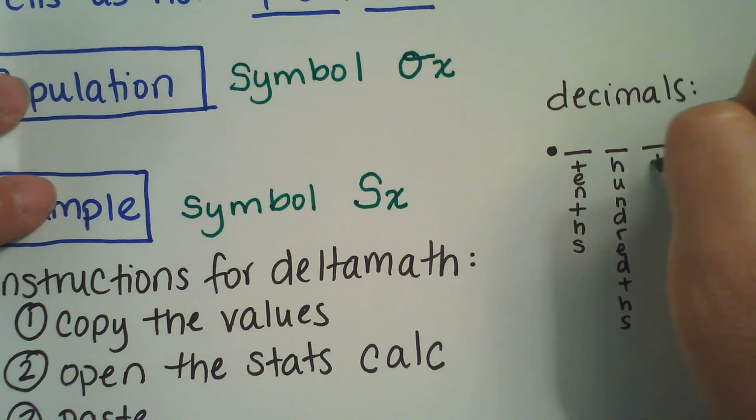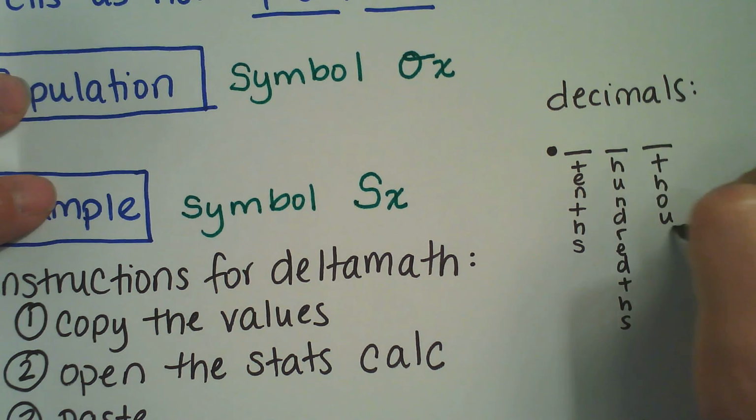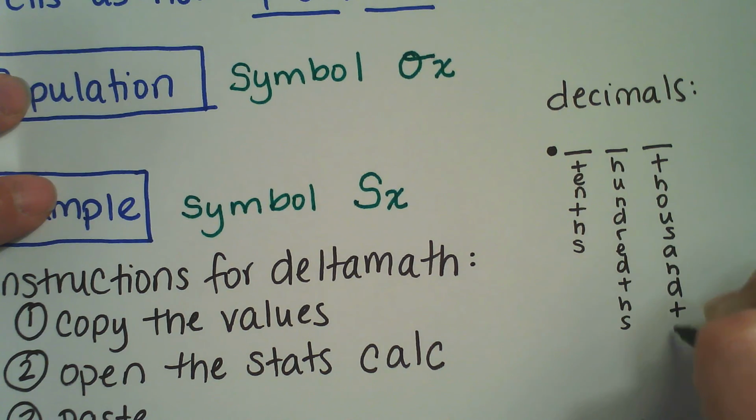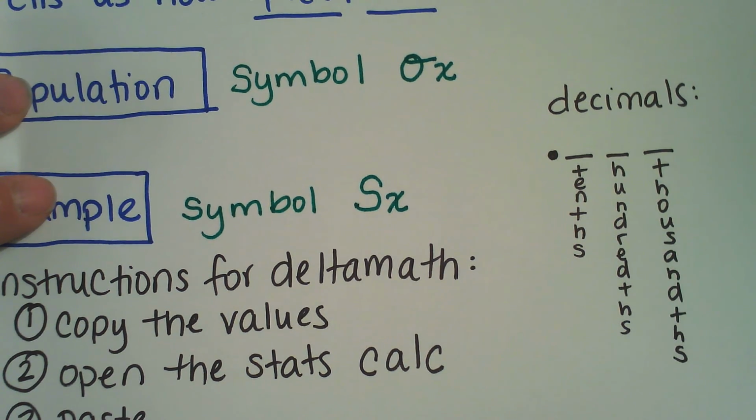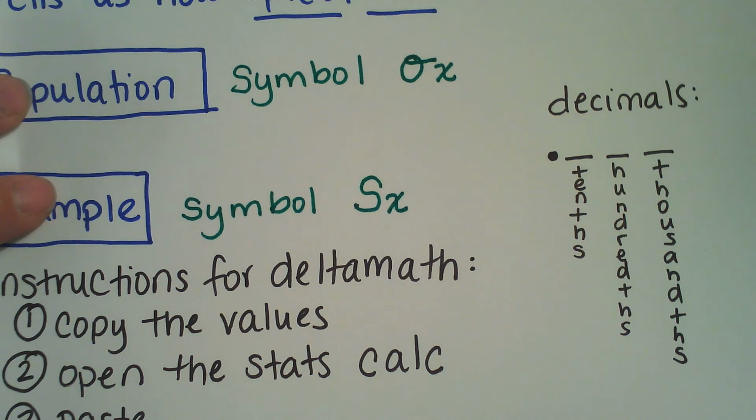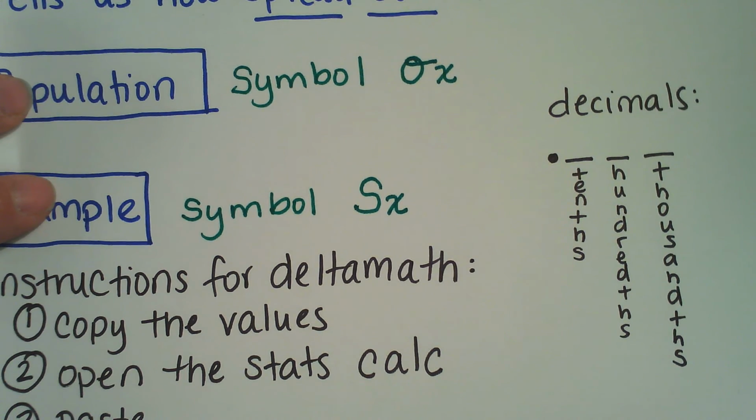This is the thousandths place. Because they're going to ask you to round to the hundredths place or the thousandths place. So you need to know how many decimal places they're asking you for.